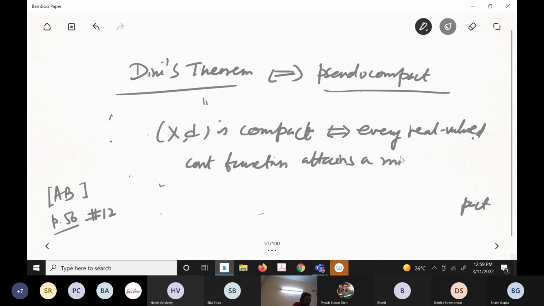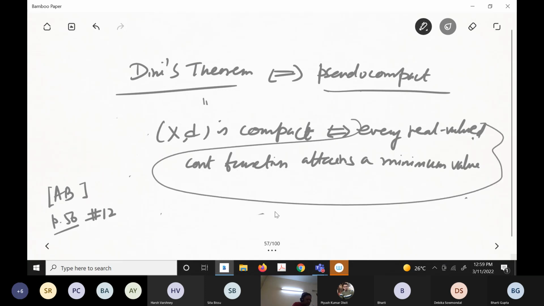In particular it is bounded below. Once it is compact, then obviously the bounds will be obtained. Now look, this thing means the function is bounded, because if f attains a minimum value, then minus f is another continuous function, so this attains a minimum value, which implies f attains the maximum value.